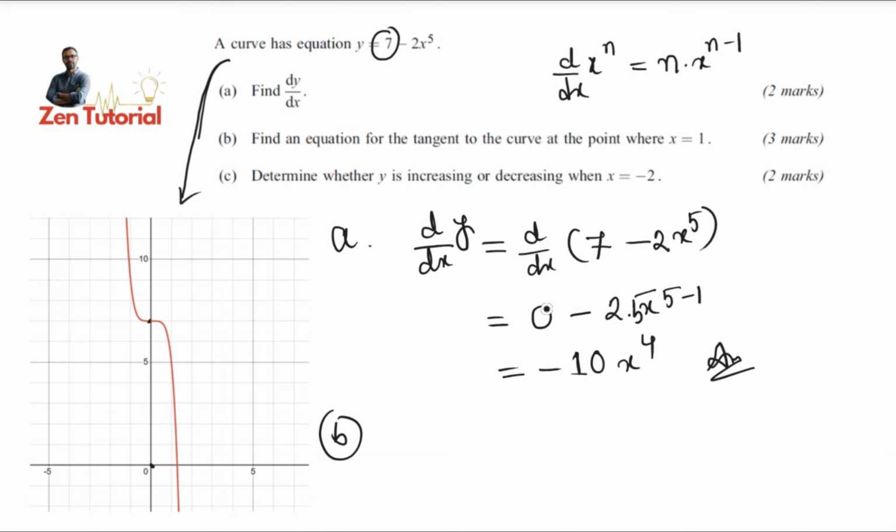Now B: find an equation for the tangent to the curve at the point where x equals 1. So where is x equals 1? This is 1, this is 2, this is 3, this is 4, right?